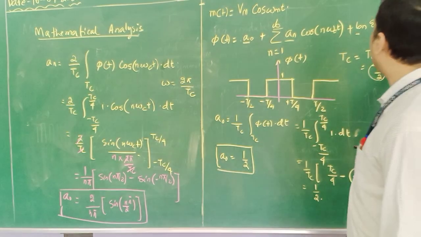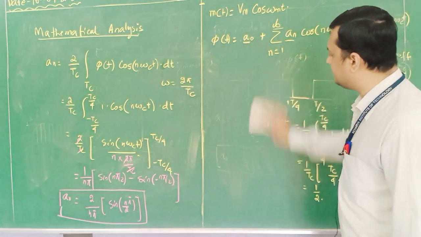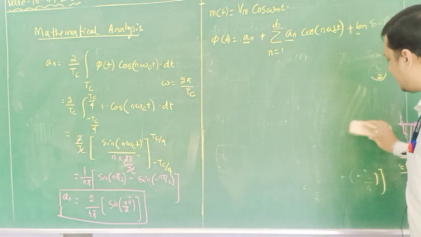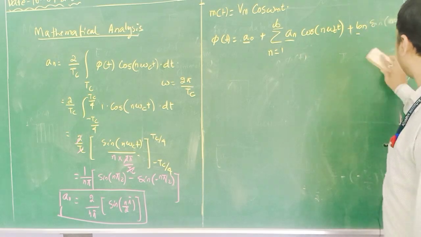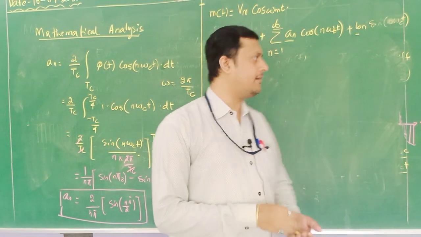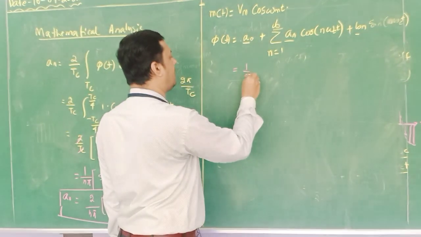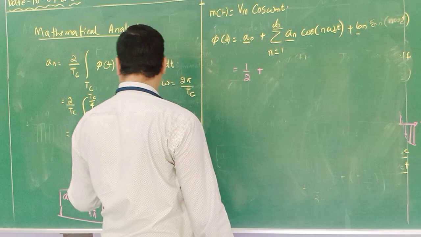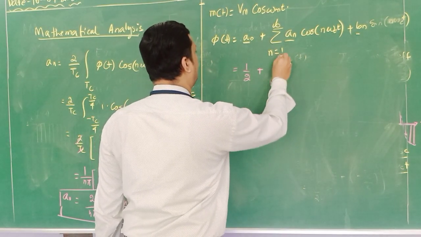Now we have to substitute in this particular equation for the pulse train. In place of A naught I will substitute a half. Then summation n equals 1 to infinity.